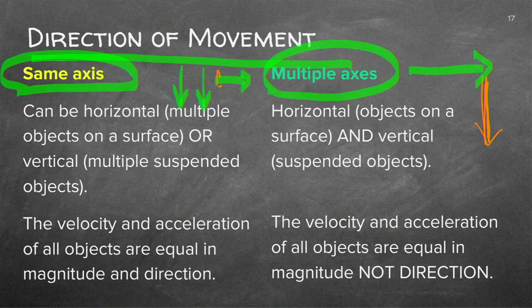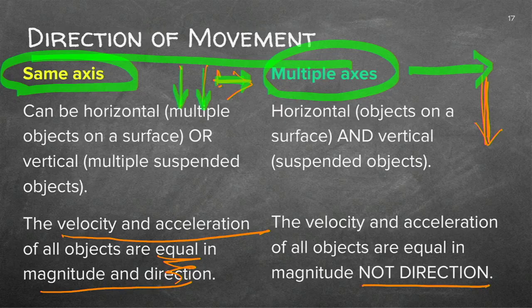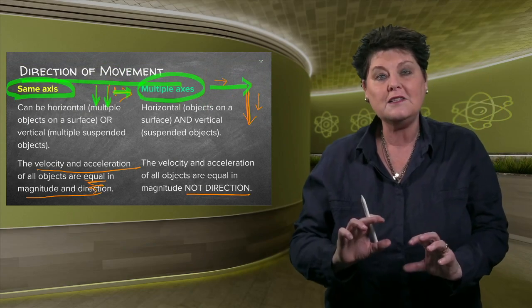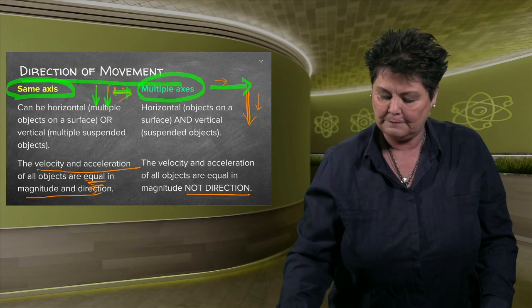But if both of them are on the horizontal plane or in the vertical, it's easy. So make sure that you know. In this case, the velocity and acceleration will be equal. It will be in the same direction. In this case, it won't be in the same direction. As you see, this one is going to the right, but this one is going downward. So that's not that difficult if you visualize and see the masses in front of you.